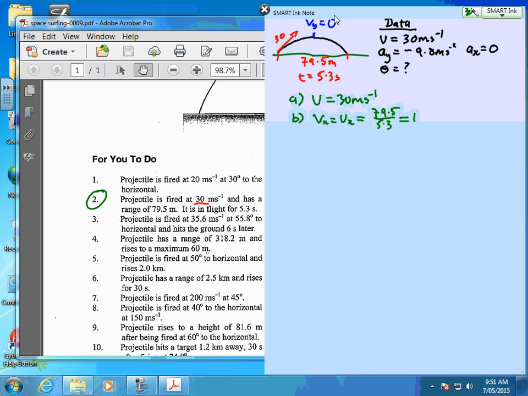Don't forget that its rate of travel is uniform across that time. So the travel of 79.5 in 5.3 seconds is the speed it has to be doing sideways. Okay, so that's easy. C is going to be UY.